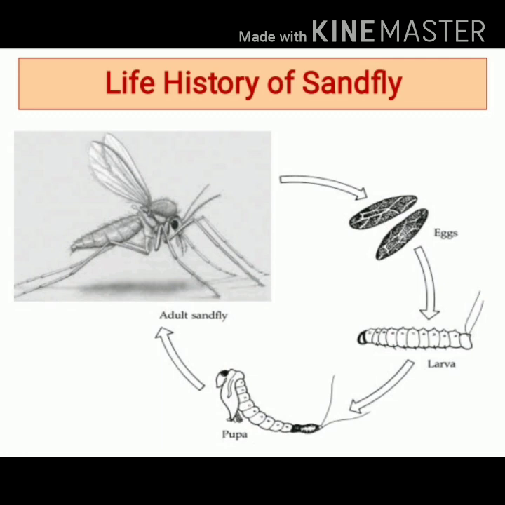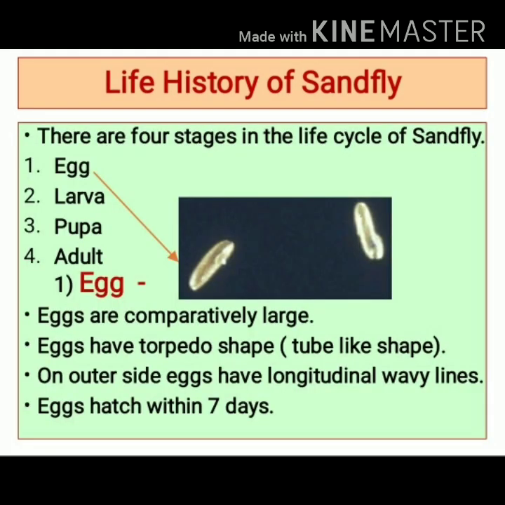Life history of sandfly. There are 4 stages in the life history of sandfly. These 4 stages include egg stage, larva stage, pupa stage, and adult stage. Egg stage.